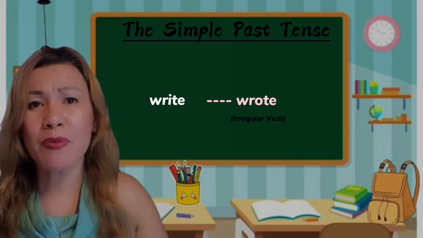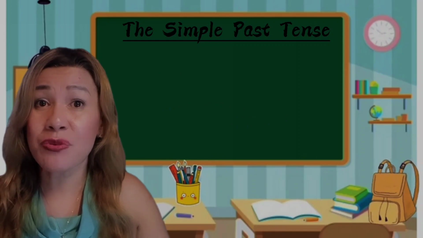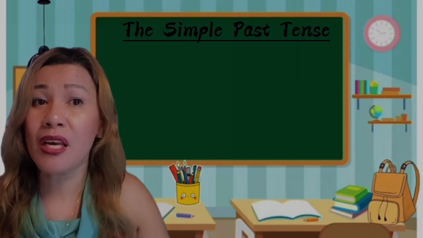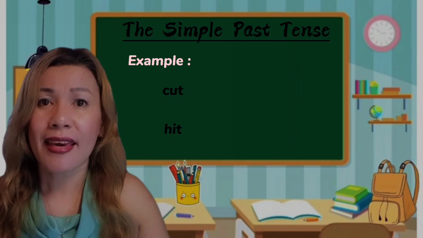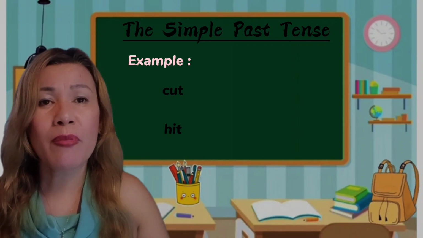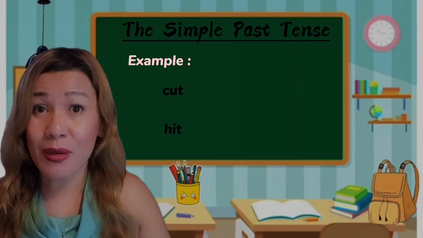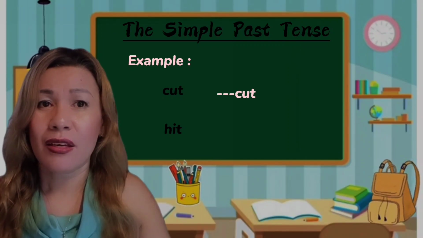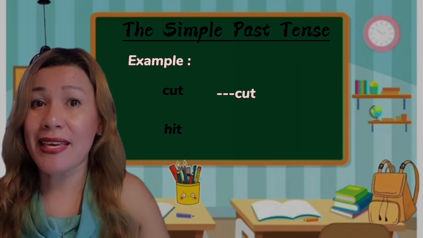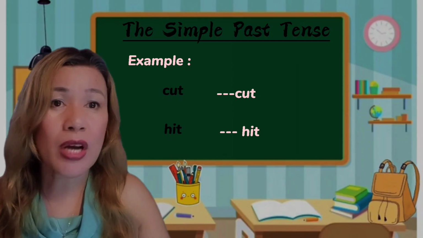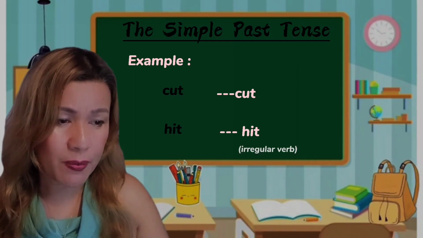Okay? Sometimes verbs form their past by just retaining their spelling. For example, cut, hit. When you form the past of cut, you don't say cutted, but you say cut. You don't say hitted, but you say hit. So those are irregular verbs.